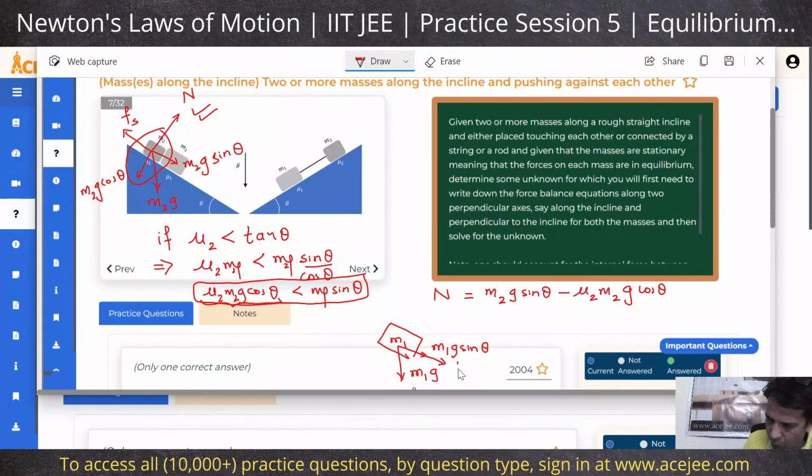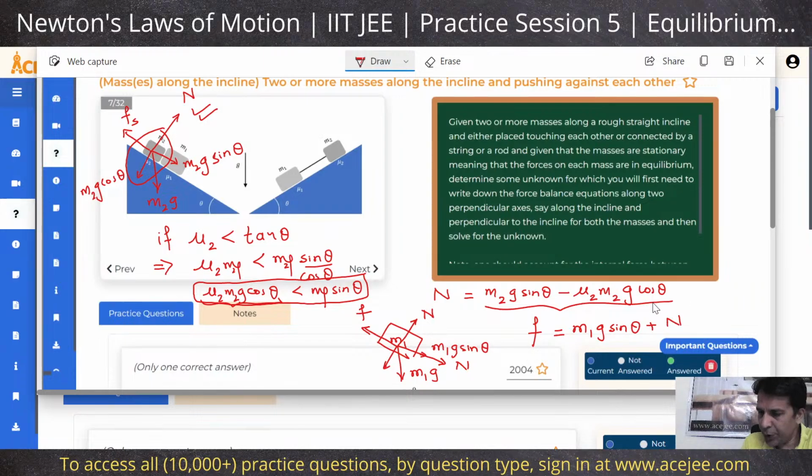And then there is a normal force acting in this direction. The frictional force acting is in this direction. Normal force is acting in that direction. In other words, how much friction force is acting up the incline? Well, F is equal to M1G sine theta plus N. N is this, right?